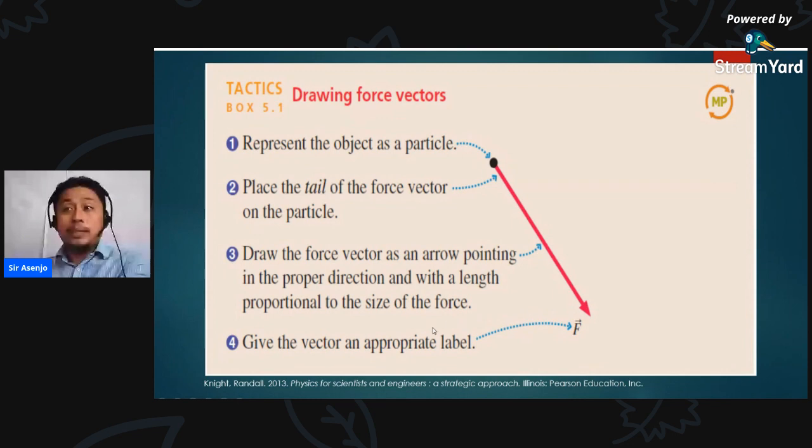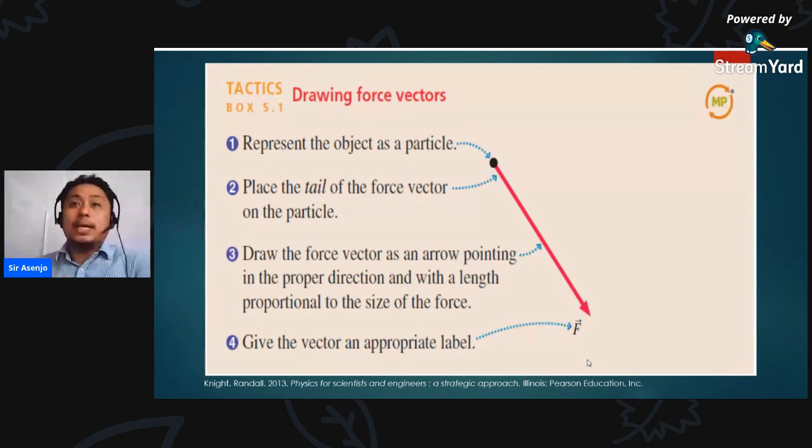Fourth, give the vector an appropriate label. That means you are going to give the force an appropriate label. It could be tension force, frictional force, normal force, gravitational force. Those are the labels of the force.